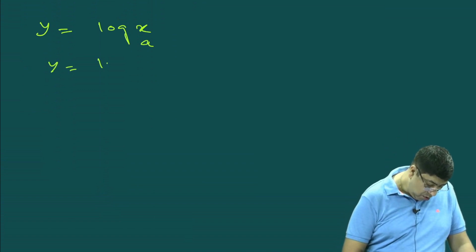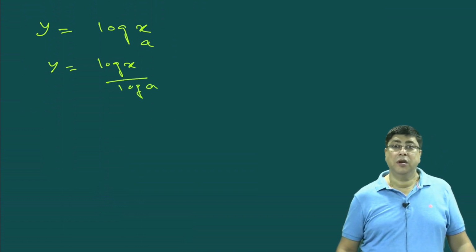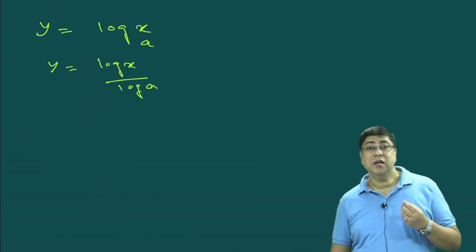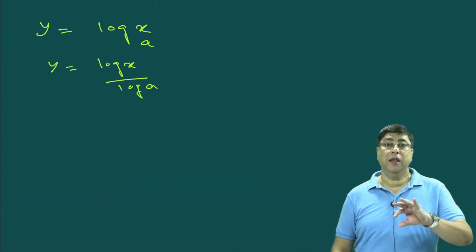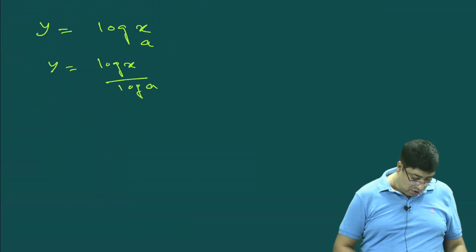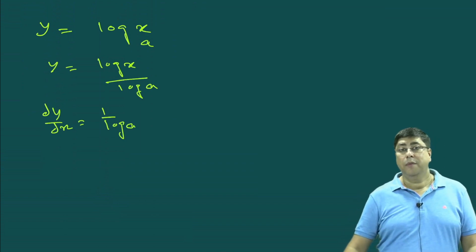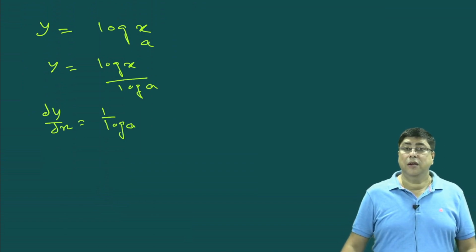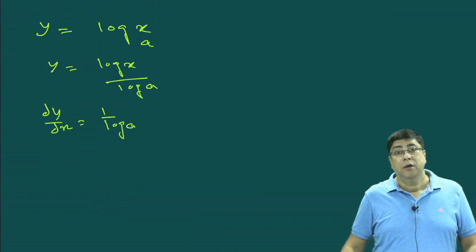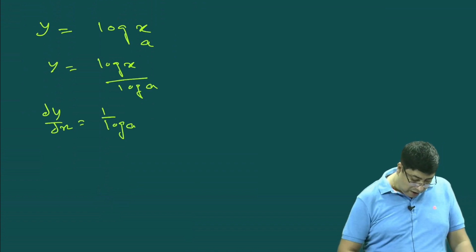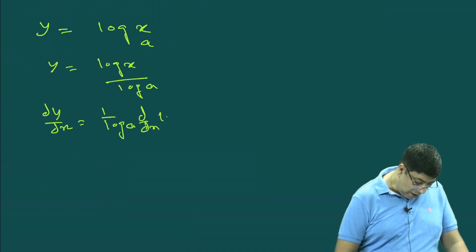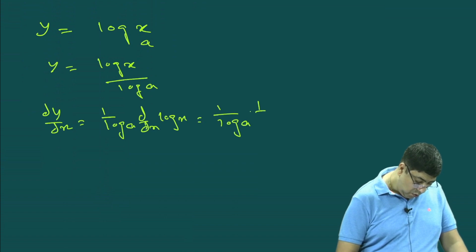Therefore y equal to, automatically the base is e, and log a is a constant number. You can apply the u by v formula, but it is unnecessary. Whenever a constant is there, we can take it outside. Therefore d dx, log a outside. The u by v method is not necessary here. It is better to just take the constant out, and the derivative of log x is 1 by x. So 1 by log a into 1 by x. Sum is over.